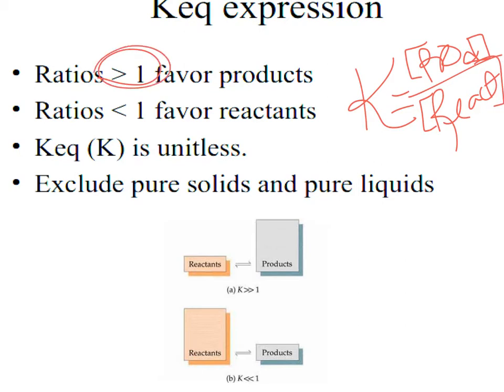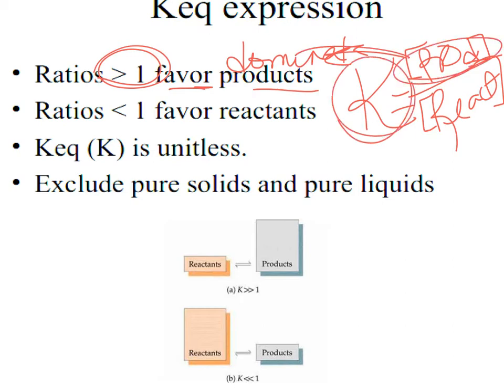That means that products dominate, and the language that chemists like to use is that the reaction favors products. So if products dominate, they're going to be in the numerator, and you're going to have a K value that's greater than 1. Likewise, if K is less than 1, or a small number, that means the denominator is larger than the numerator, which would mean that reactants dominate, or the reaction favors reactants.